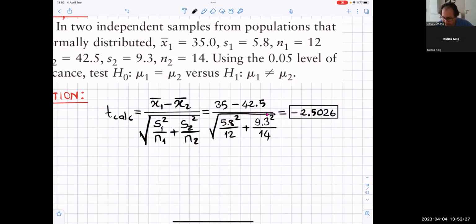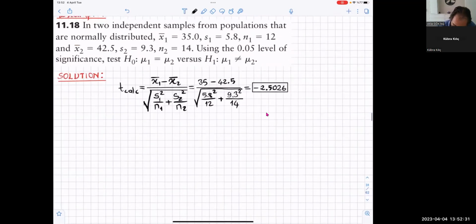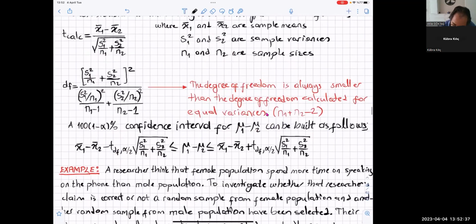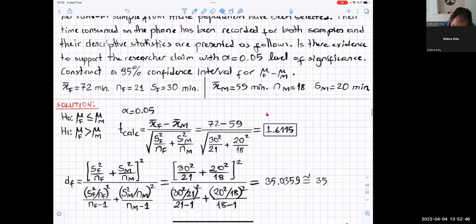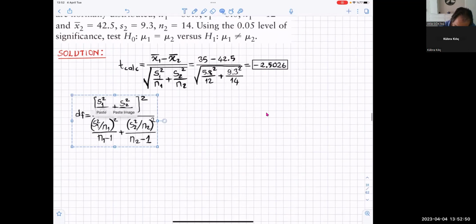So that's the calculated statistic. The other thing you need is the degree of freedom. I'm going to copy the formula for the degree of freedom to save time.